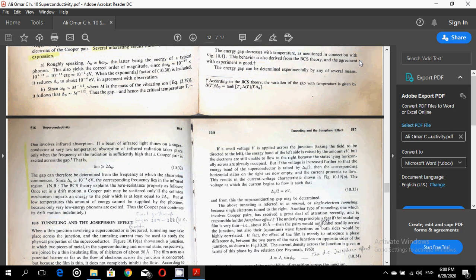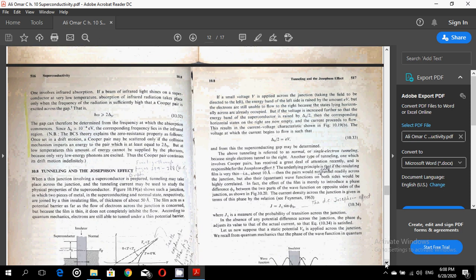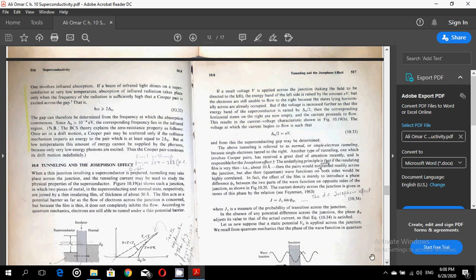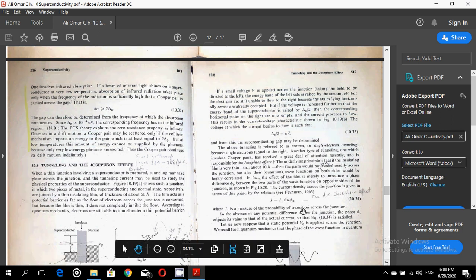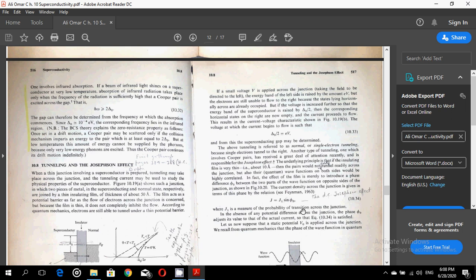So if a small voltage V is applied across the junction, taking the field to be directed to the left, the energy band of the left side is raised by the amount eV electron volt, but the electrons are still unable to flow to the right because the states lying horizontally across are already occupied.